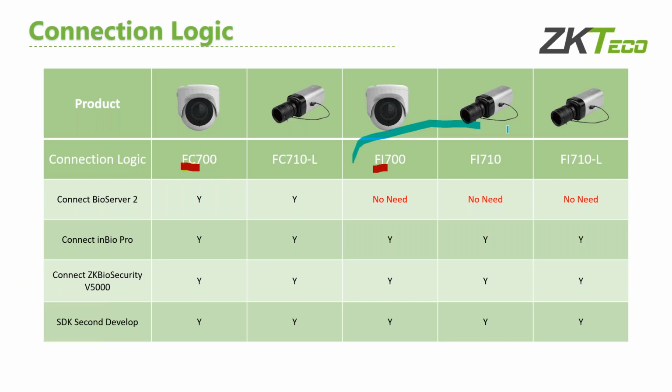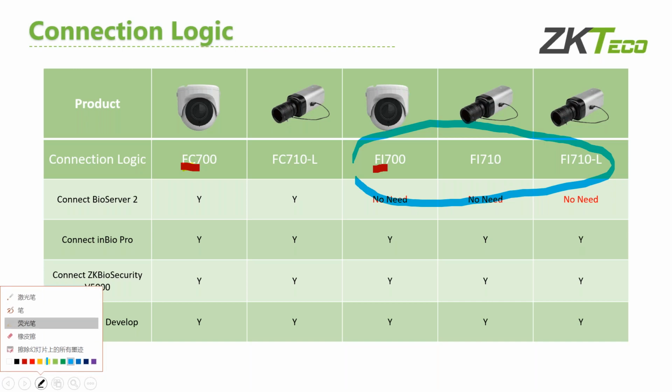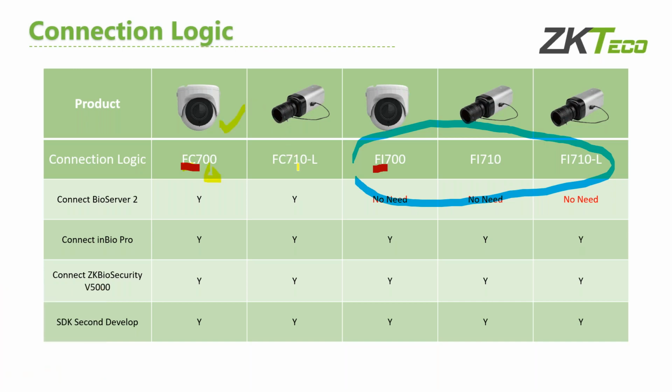And the FI series can do capture and compare at the same time. And 700 refers to the zoom camera and 710 refers to the bullet camera. You can see that the FI camera does not need a BioServer.